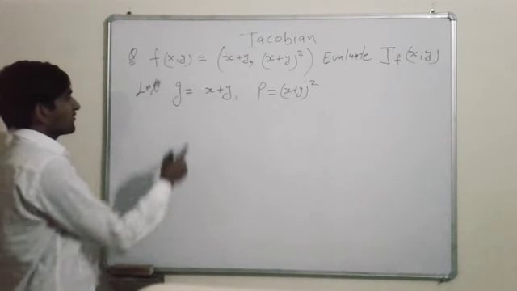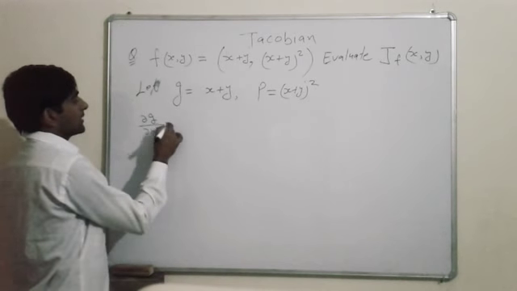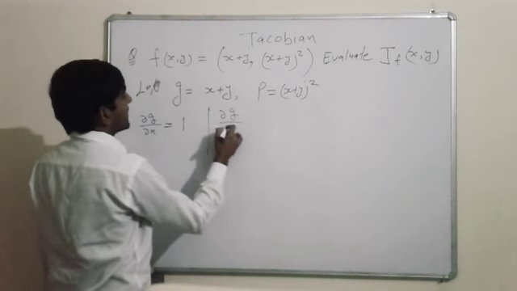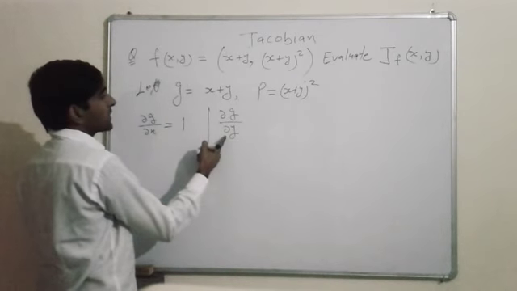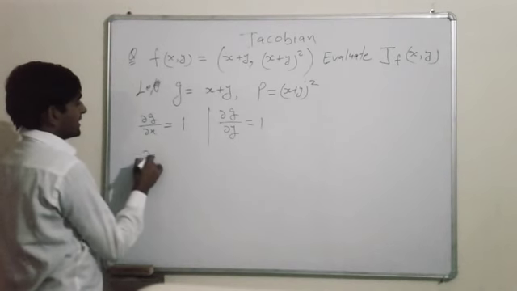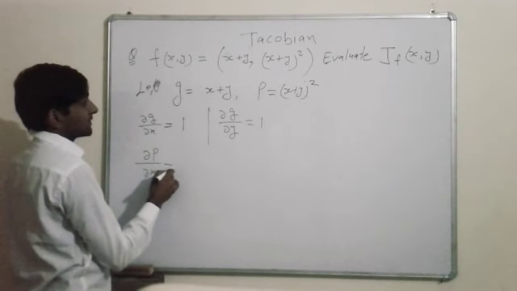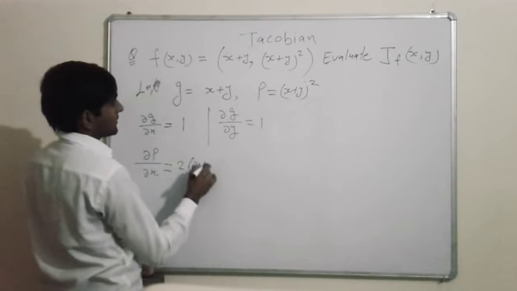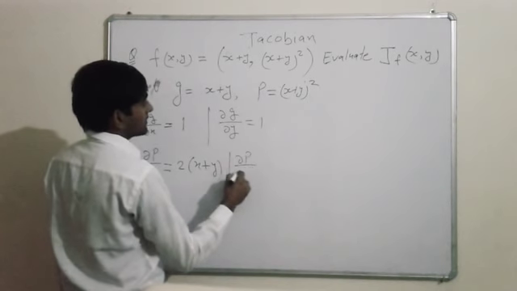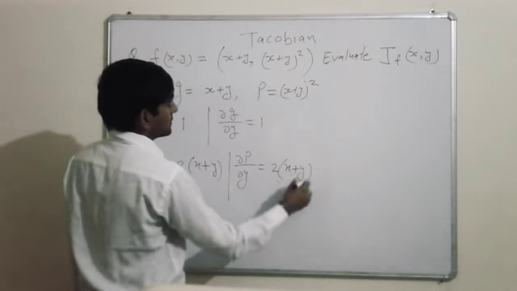First we find del g over del x, that is 1. Then del g over del y, this is also 1. And del p over del x, that is 2 times x plus y. Del p over del y, this is also 2 times x plus y.